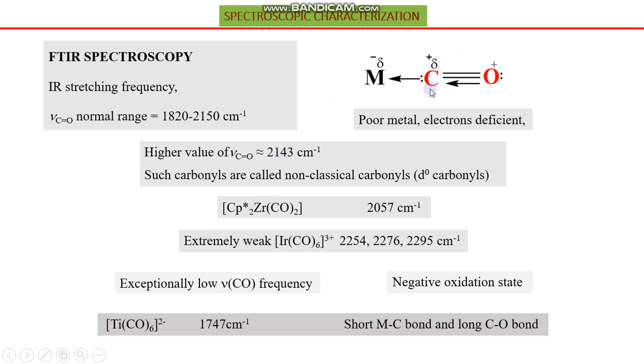If this frequency decreases, it means the bond order between carbon and oxygen decreases. And if this frequency increases, it means the bond between carbon and oxygen gets stronger, and stronger means the bond order relatively increases. So let the metal and carbon possess only a single bond.